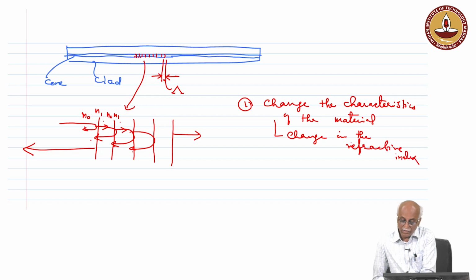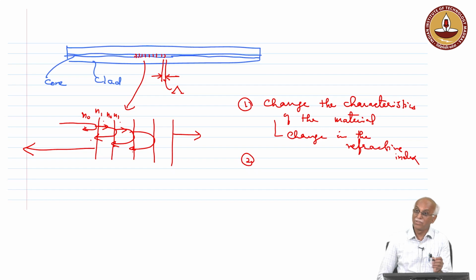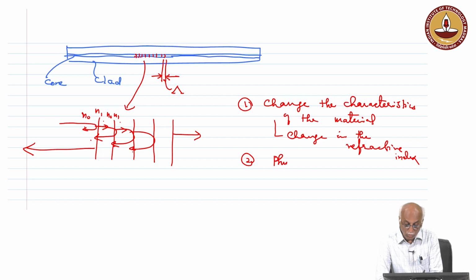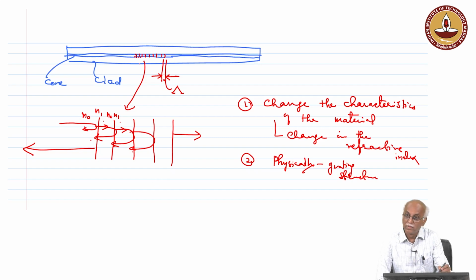Second, can we introduce a grating structure physically? In a waveguide structure, we can physically introduce a grating structure. Physically means you really remove some material such that it produces an air pocket with refractive index n 0, then the grating structure with refractive index n 1, n 0, n 1.